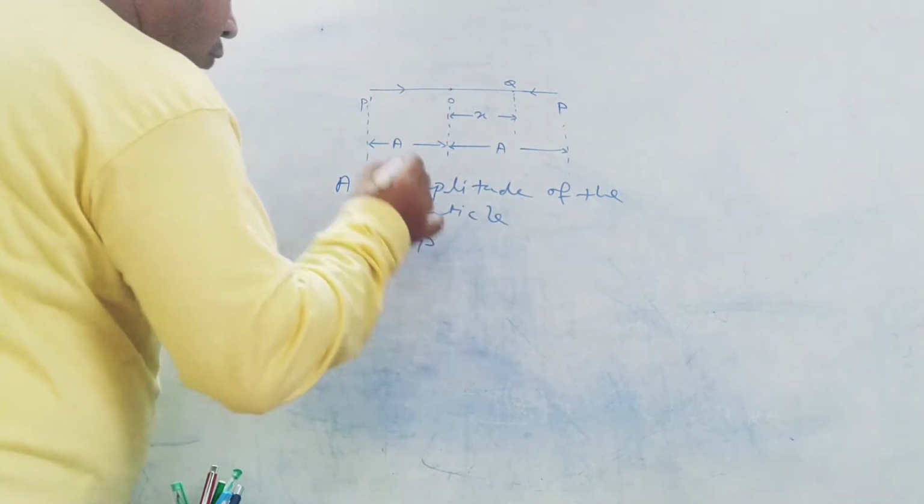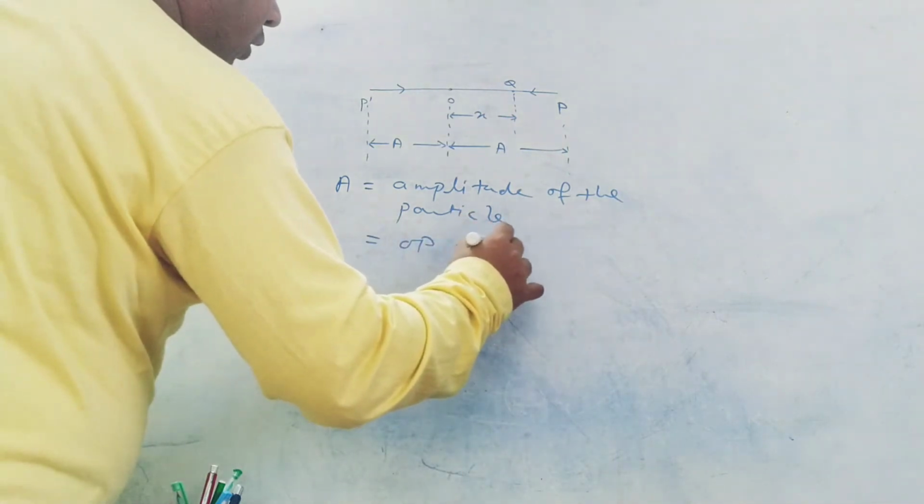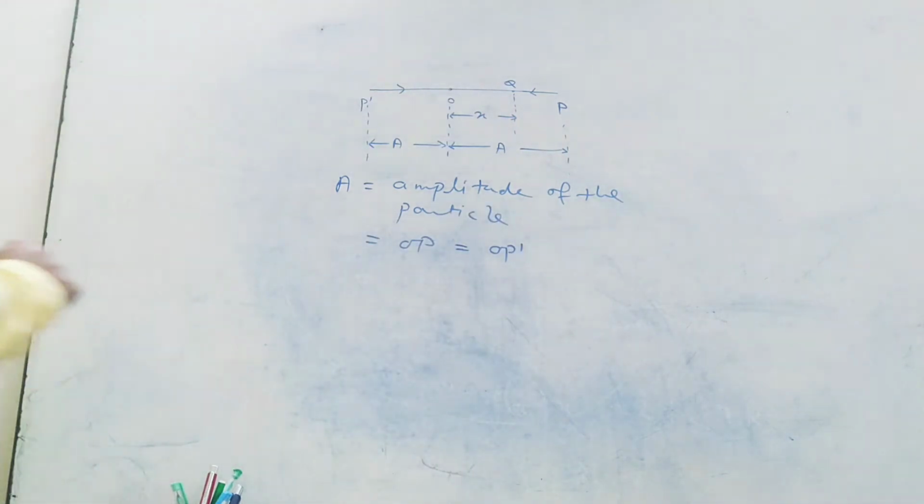This is equal to OP, is equal to OP prime, that is maximum displacement of the particle from its mean position. And then what is time period? The time interval after which the particle repeats its motion.